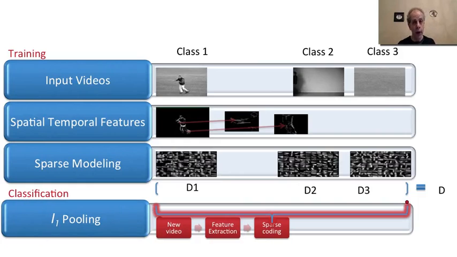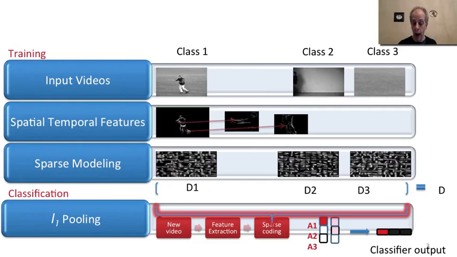So we're encoding with that dictionary, and then we look at which regions of the dictionary were actually active. Let's say that when I encode this video, most of the energy of the code that I produce is in the second block. That means that the video is from the second class. If most of the energy is in the seventh block, then this is from the seventh class.